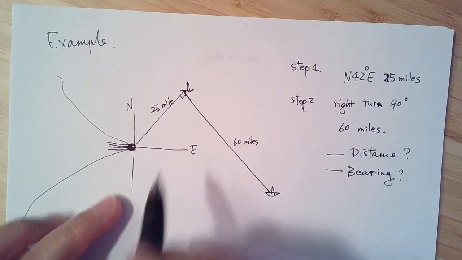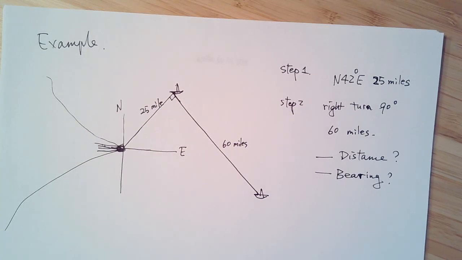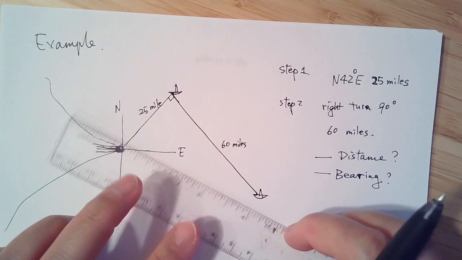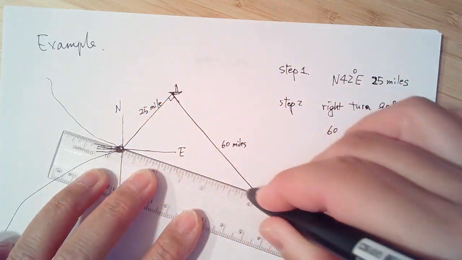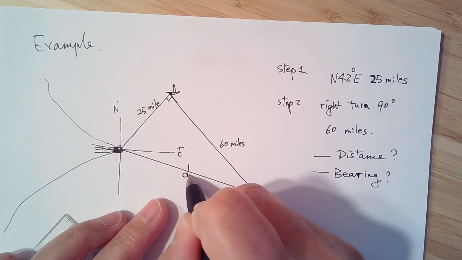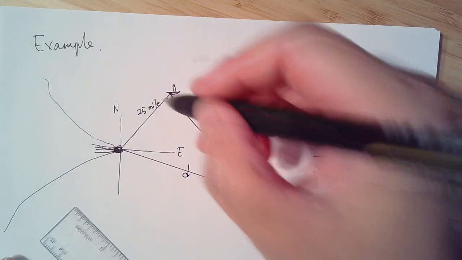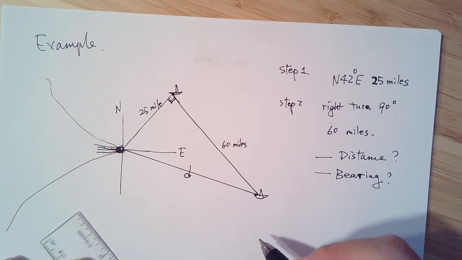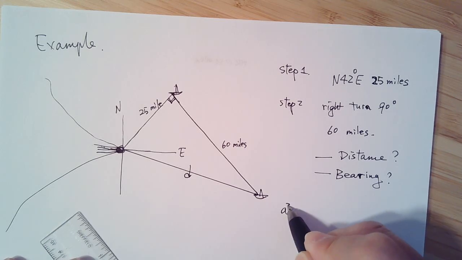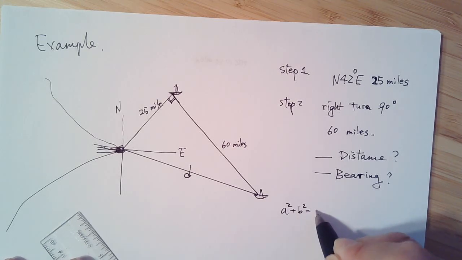Okay, now the distance is fairly easy to find. Where's my ruler? Keep losing things. Oh, here. So I'm going to connect that. I just need to find this distance, right? Because this is a right triangle and we have the Pythagorean theorem, a squared plus b squared equals c squared.